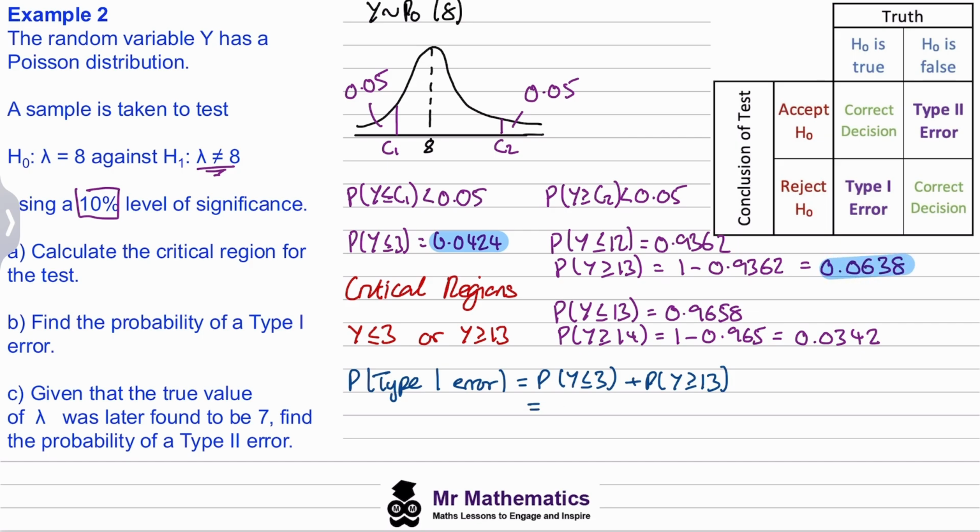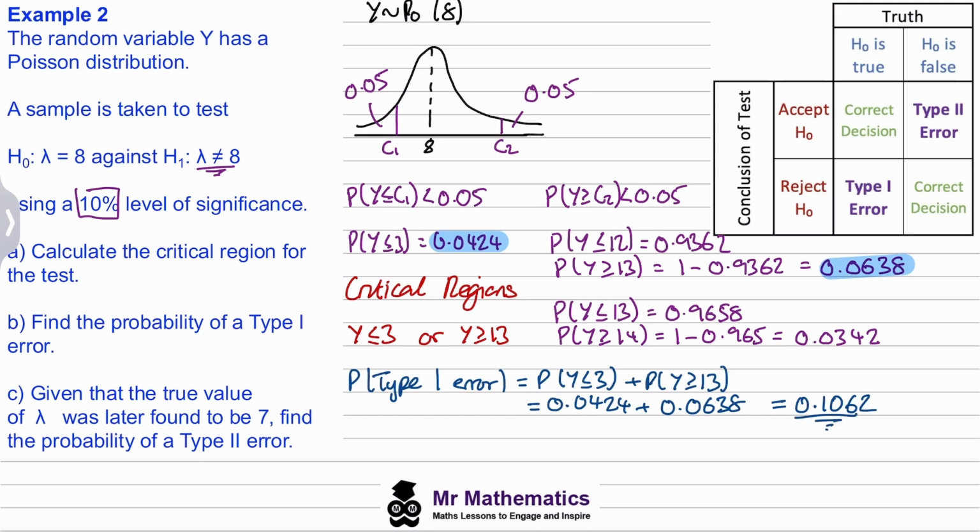We'll add these two together, and we get 0.1062. So this is the probability of a type 1 error.